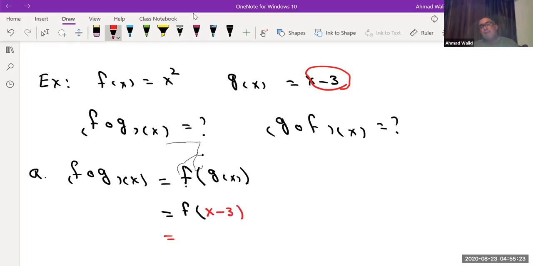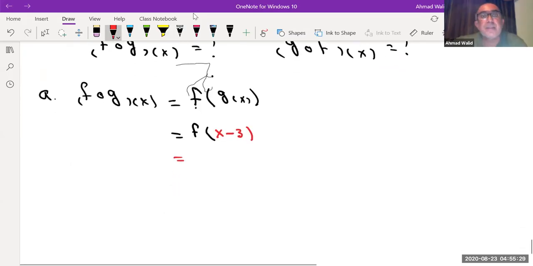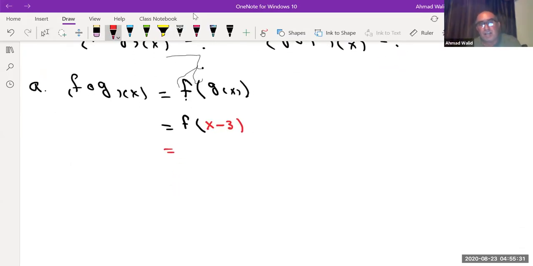Now, f of x minus 3, how can you find f of x minus 3? If you see your function f as f of x equals x squared, can you find f of x minus 3 for me if you know f of x equals x squared? It means take this value, plug it here. I told you, bring g inside f. But what does f have? F has a variable.